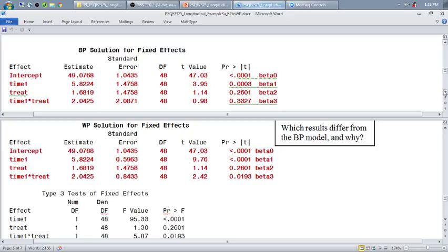Let me give you some easy questions. First off, what do you think about the fixed effect estimates? Same or different? Same. Does that surprise you? Or I should ask, why are they the same?